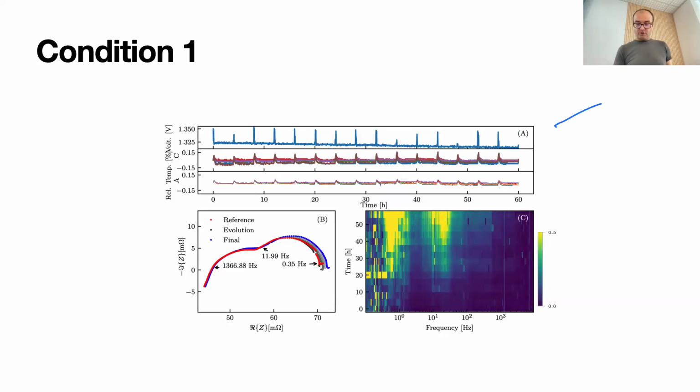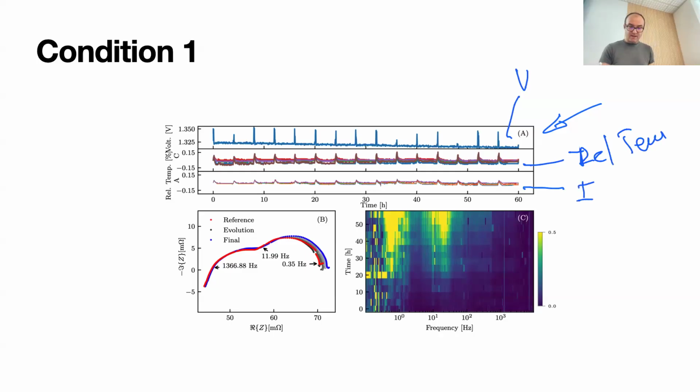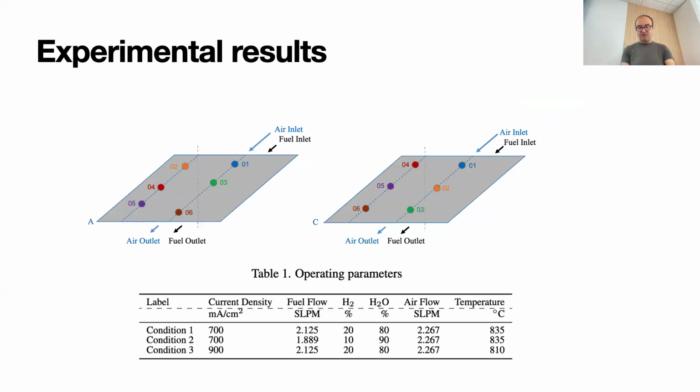On the top plot, we see the voltage. These graphs are the relative temperature changes, and this is the current. The relative temperature change is in percentage points based on the initial measurement at that point, and we are measuring temperature at these points on the fuel cell.